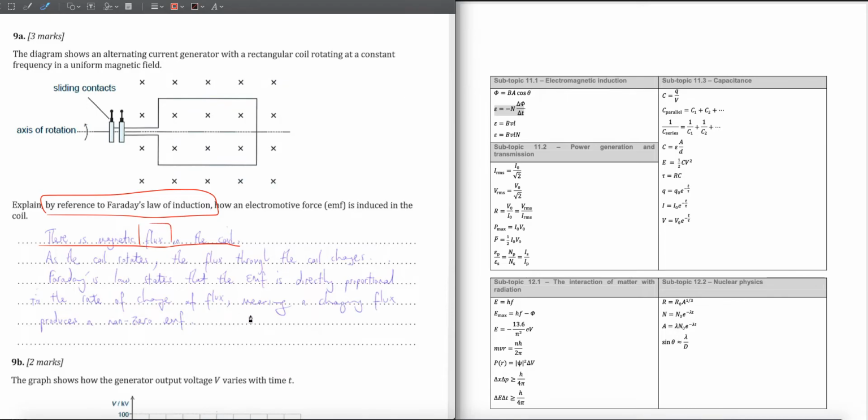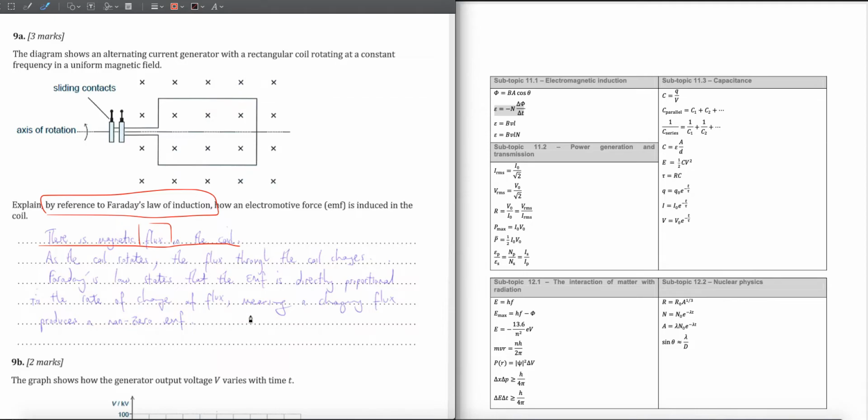The reason is that often the word that is used wrongly here is field. Be careful. In this situation, the field is not changing. However, the flux is changing. And so any answers trying to explain what's going on here must refer to the rate of change of flux, not to field.